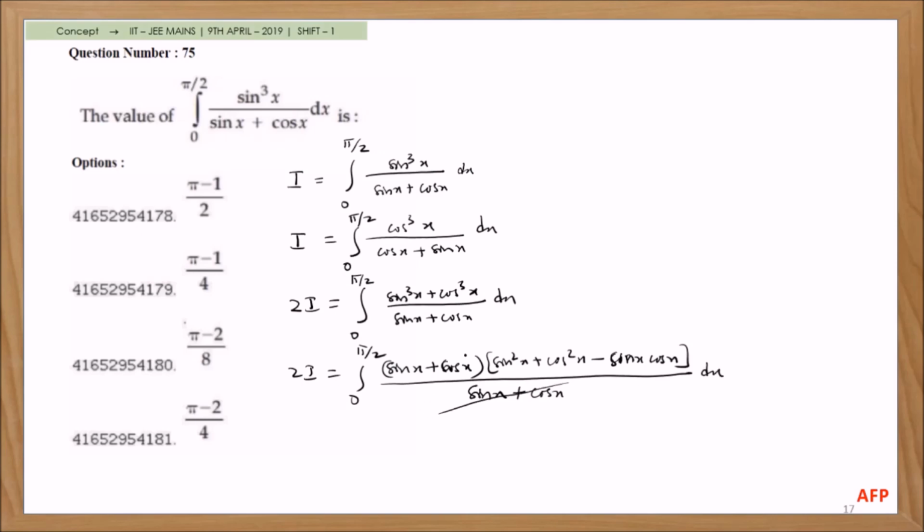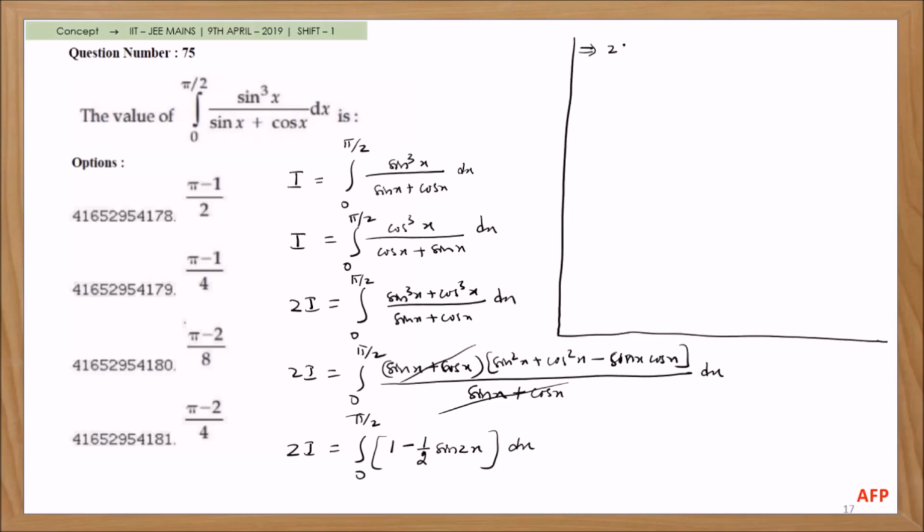You can go for cancellation further. 2I = integration 0 to pi by 2, so this is 1, you are getting 1 minus, so this you can write as 1 by 2 into sin 2x. Okay, now we go for further simplification here.